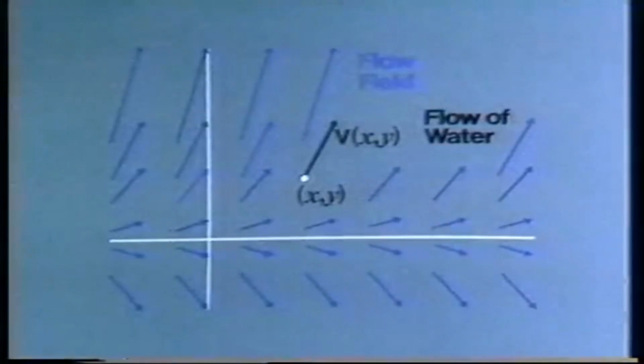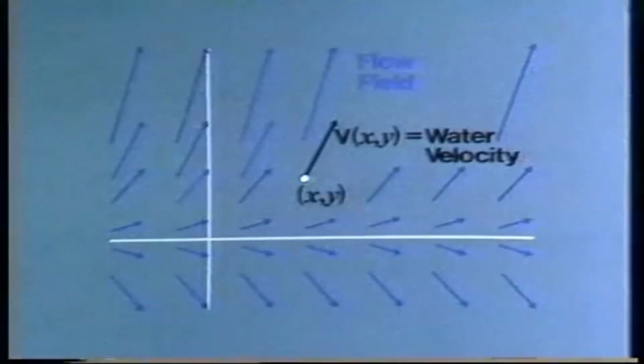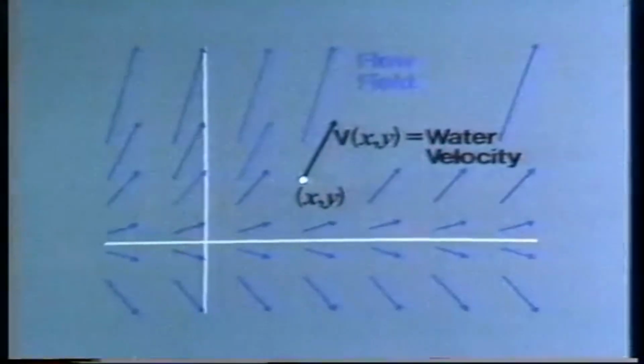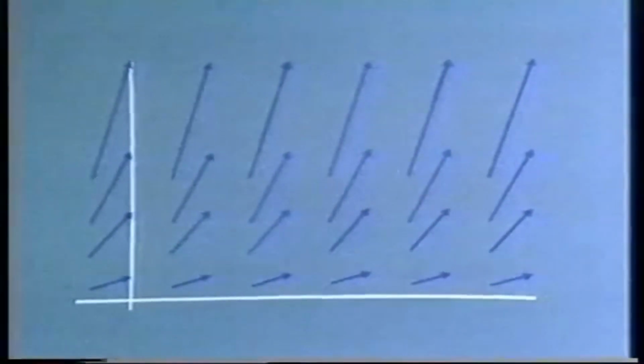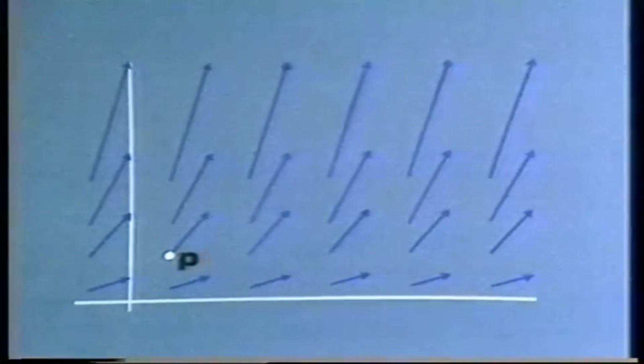You can see this is plausible if I give you a physical analogy. Let's suppose that this flow field represents the velocities in a flow of water. In other words, the water flows past any point xy with a velocity which is precisely v at xy. Now consider a specific point P, and imagine yourself dropping a particle into the water at that point and starting a stopwatch.